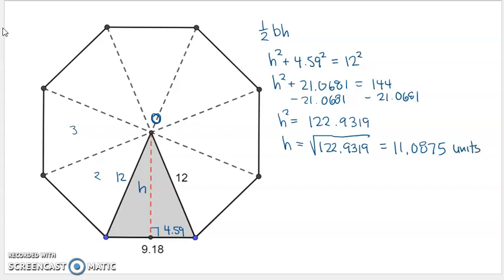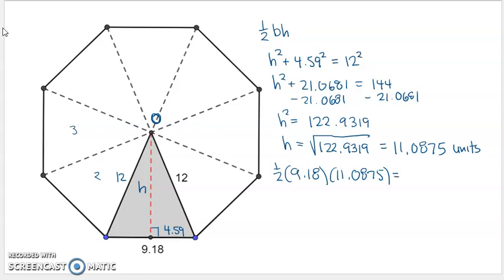Now, the area of the shaded triangle is 1/2. The base is 9.18. The height, which I just found, is 11.0875.